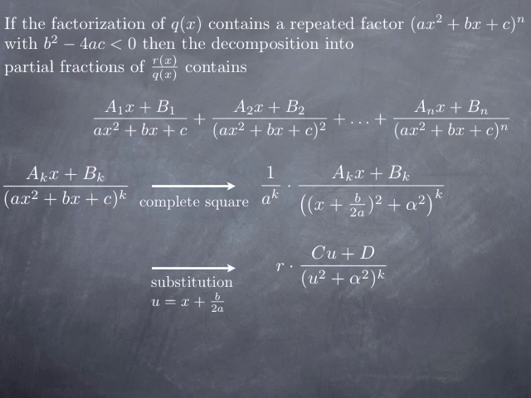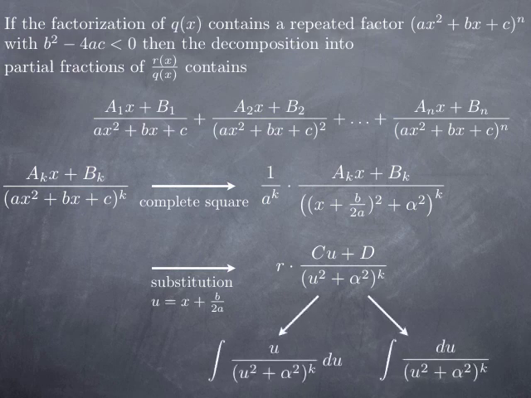In this, we're going to do what we've done in the case where k was 1, that is, split the fraction. On one end, we're going to need to integrate u over (u squared plus alpha squared) to the k, and on the other end, 1 over (u squared plus alpha squared) to the k. In the first case, we can proceed as before.